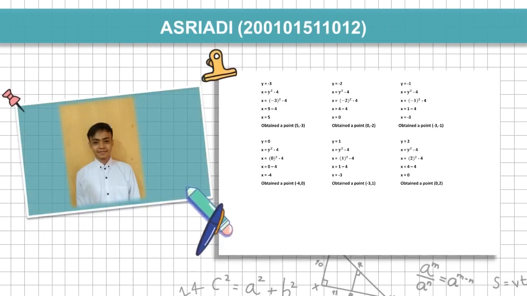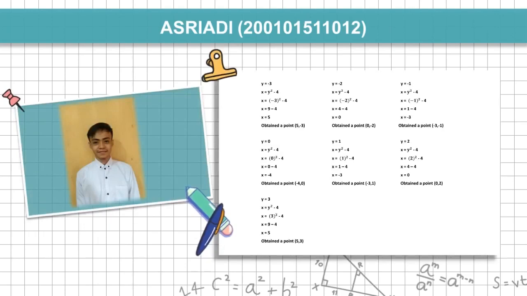For y equals 2, x equals y squared minus 4. x equals 2 squared minus 4. x equals 4 minus 4. x equals 0. Then we get the point 0, 2.